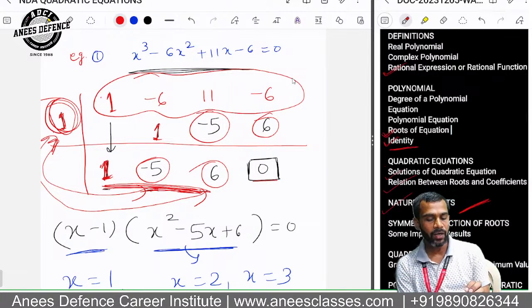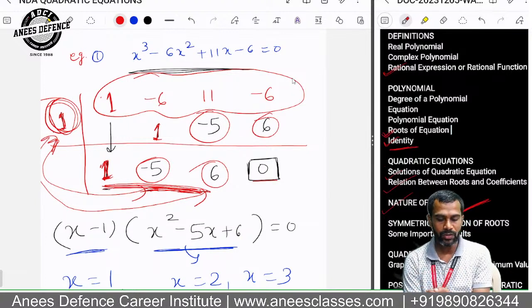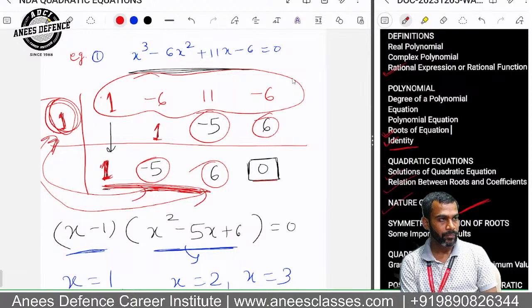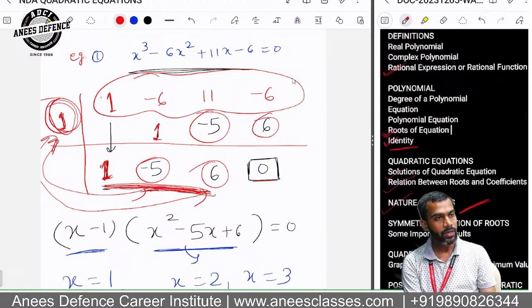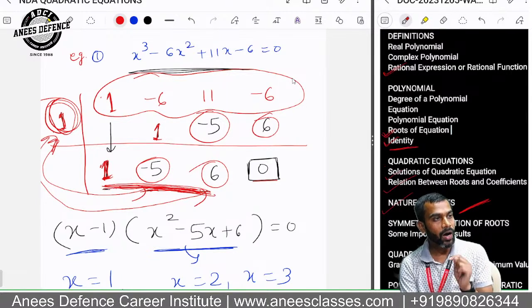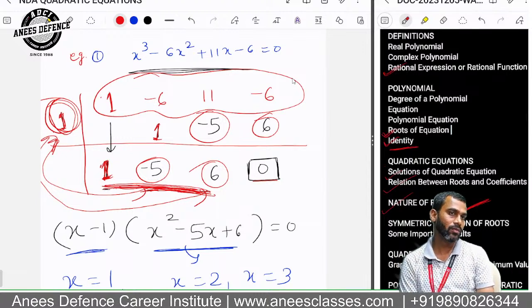Since you have divided by 1, meaning x minus 1, indirectly you are dividing this expression by x minus 1. That is linear, and the dividend was cubic. If you divide cubic by linear, the quotient would be quadratic. The degree will be decreased by 1. So these numbers are the coefficients of a quadratic expression.